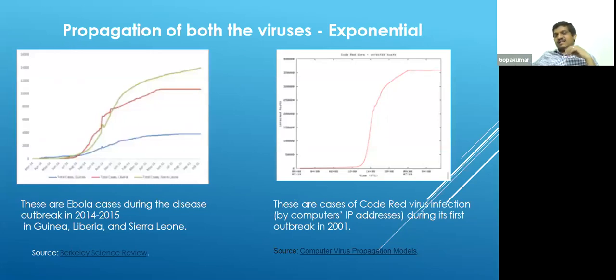Another interesting study that has been done is the propagation mode, in which one cell divides into other cells, the rate and the pattern in which they divide and progress. Engineers are very famous for the exponential curve.